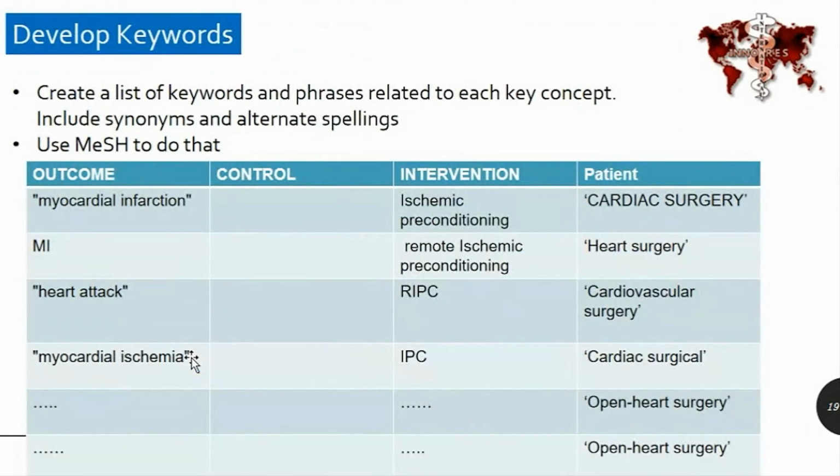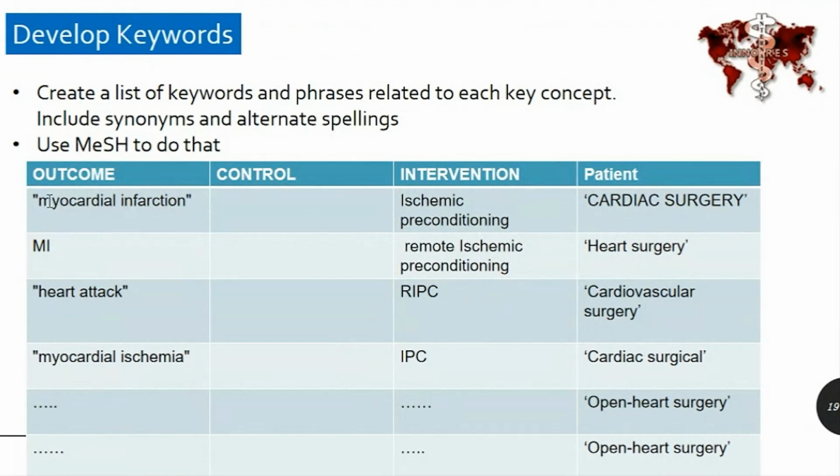Then we have to develop keywords. Once you have taken synonyms and the MeSH terminologies, you can create this 4 by 4 table where you can add the synonyms and related MeSH terminologies under each column of outcome, control, intervention, and patient, like in the PICO format, but you can add the synonyms.